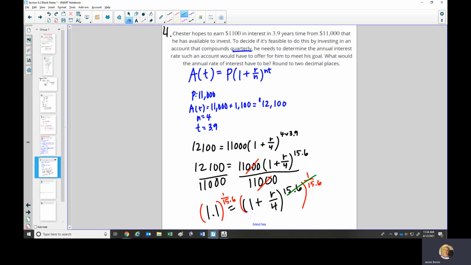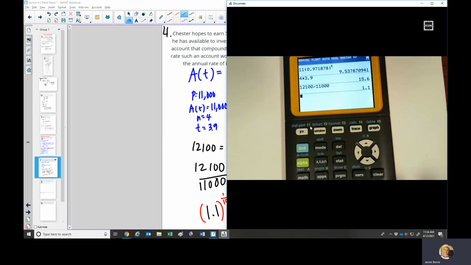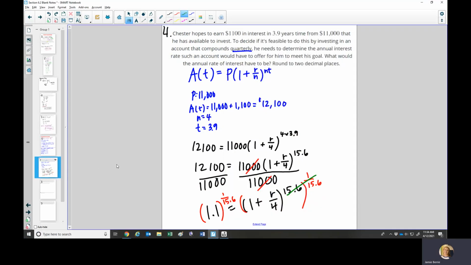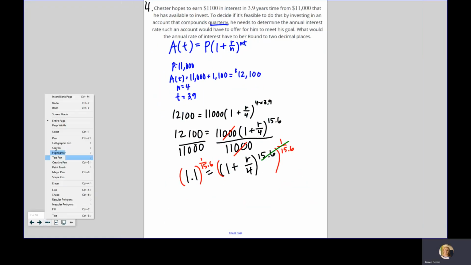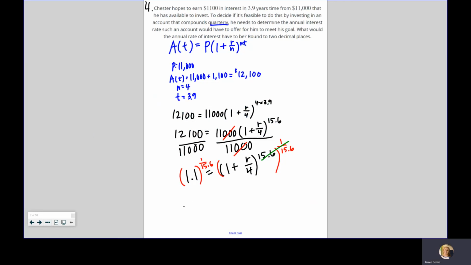Let's see what we have over here. If it's a really long decimal, we'll just leave it. So 1.1 raised to the 1 over 15.6. Let's just leave it unsimplified for now so that we don't make any rounding mistakes.